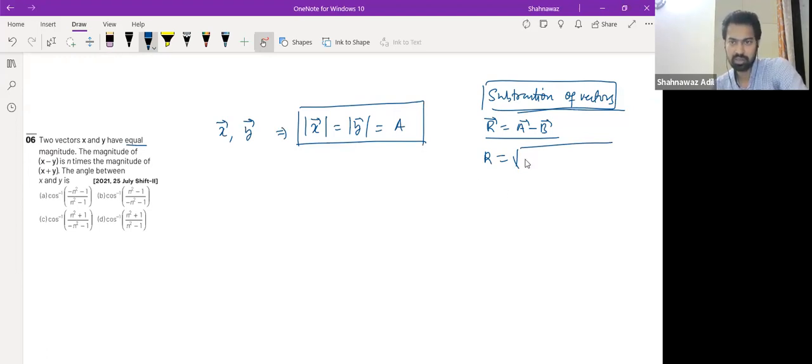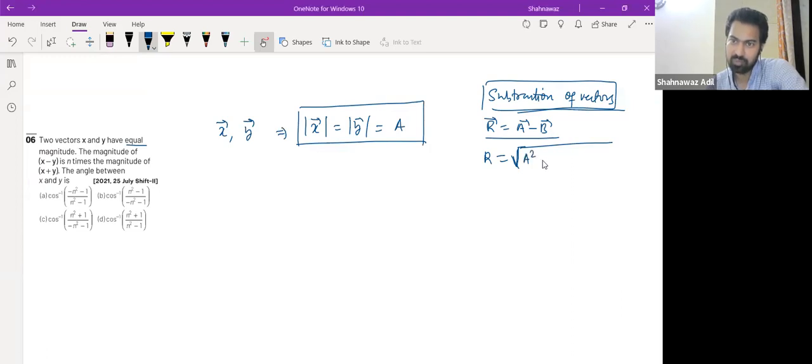Okay, Akib will tell. I thought that some of you left. So Akib, what is the magnitude for the subtraction of vectors?